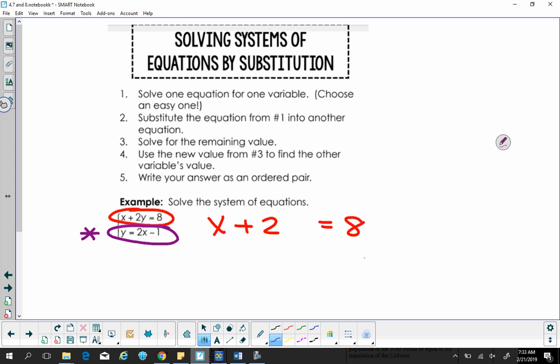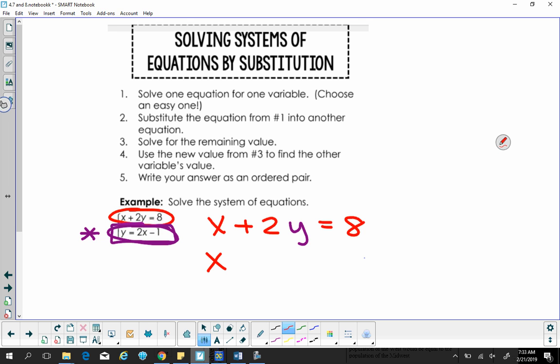Now I'm going to use purple for y because I can see we have a substitute for y. Y is tired. He wants to get out. He's about to pass out in that game, right? Who's substituting in for y? What is it? 2x minus 1, right? The whole expression is substituting in.